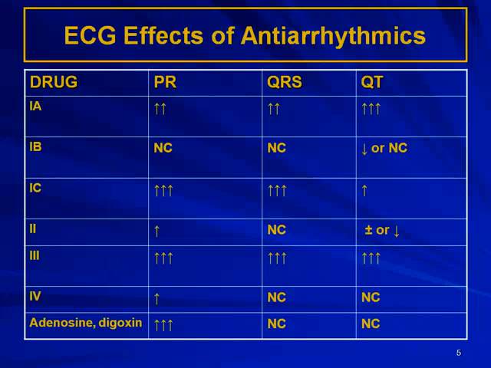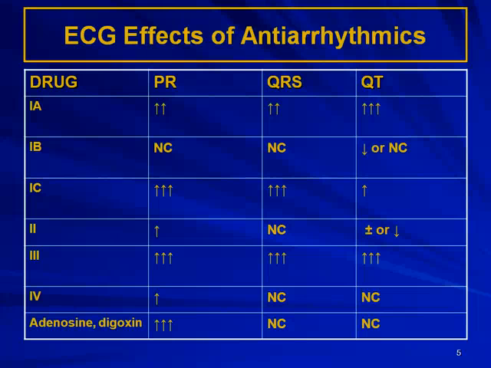The class 2 and class 4 drugs, and the class 5 drugs that I've labeled adenosine, digoxin, all are specific to the atria. We don't see much effect of beta blockers or calcium antagonists or adenosine or dig on anything other than atrial tissue.